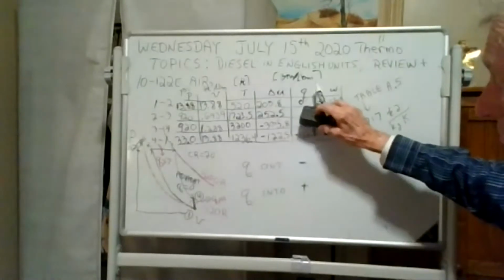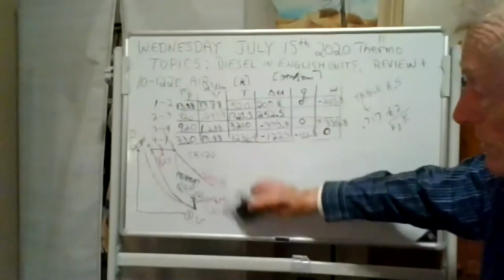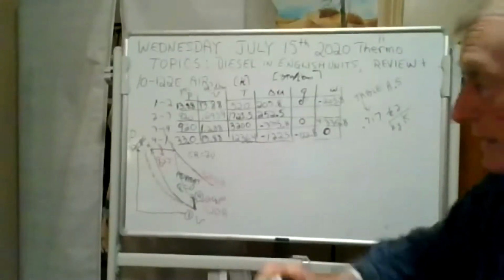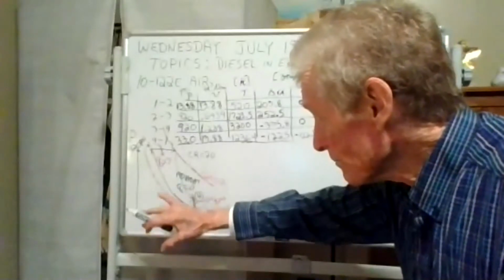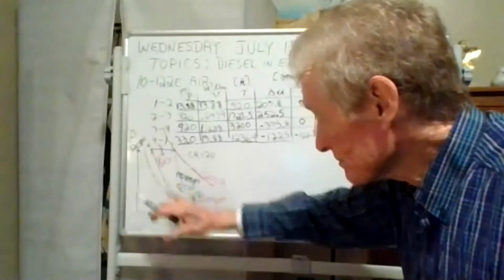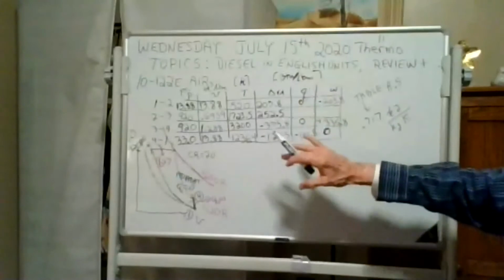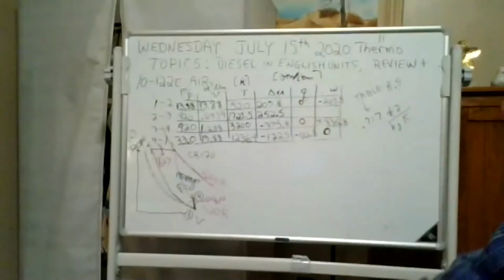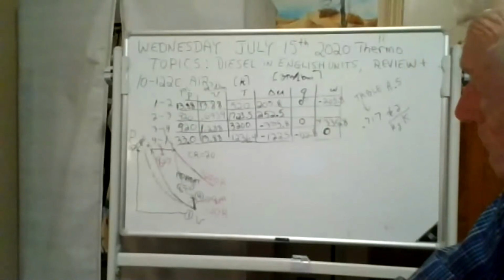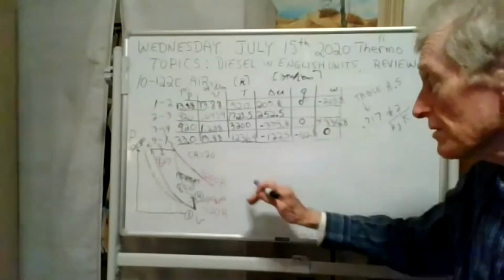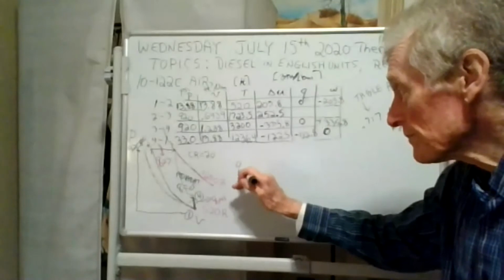Okay, well, let's get this heat transfer into your system. There is no heat transfer on these adiabats. See the zeros? Those are adiabats, so they don't give you any heat transfer. But I gave you a formula a long time ago.